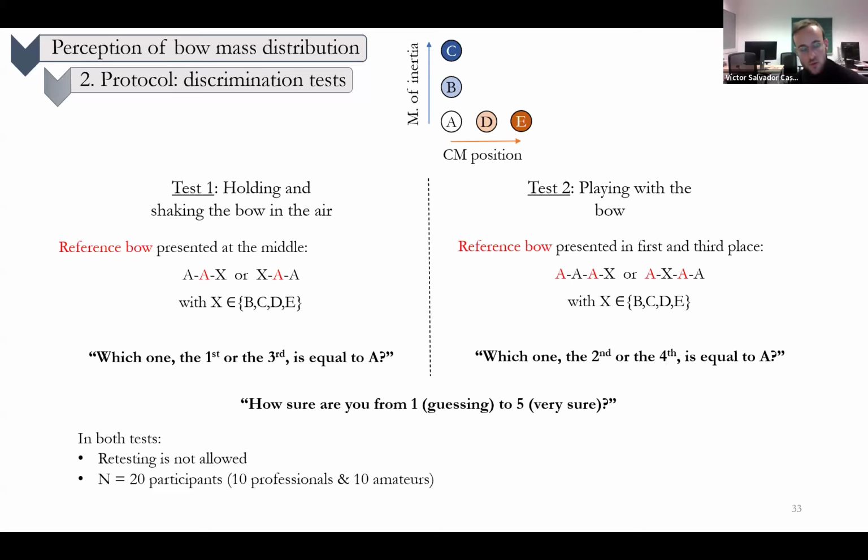And we asked them to answer this question: which one, the first or the third, is equal to the bow presented in the middle, which was always bow A?